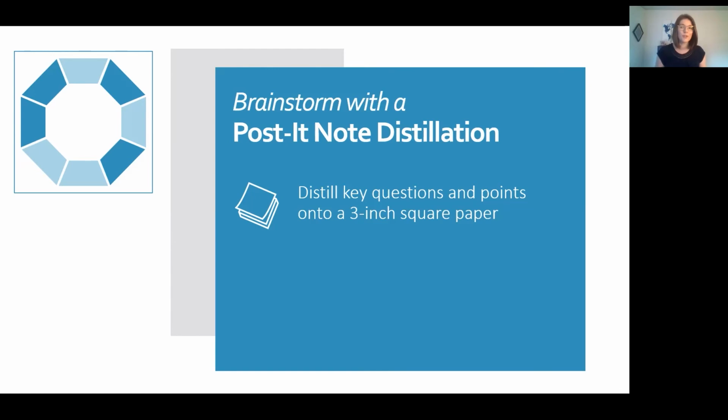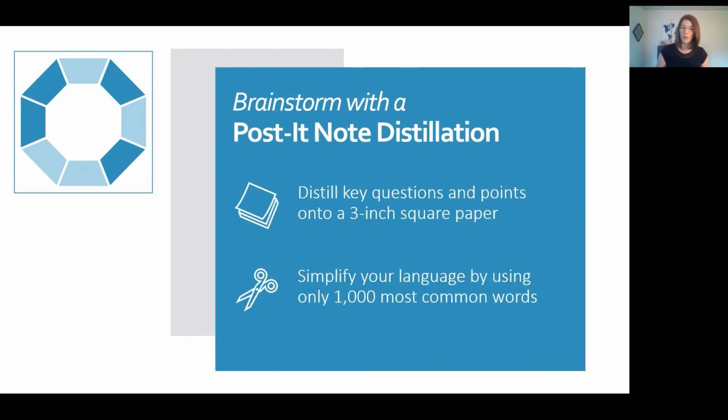An advanced version of the Post-it note exercise is to rely entirely on words, specifically the 1,000 most common words of your language. This idea was inspired by a book called Thing Explainer by Randall Munroe. If you're not familiar, he draws the webcomic XKCD and has written a number of books.